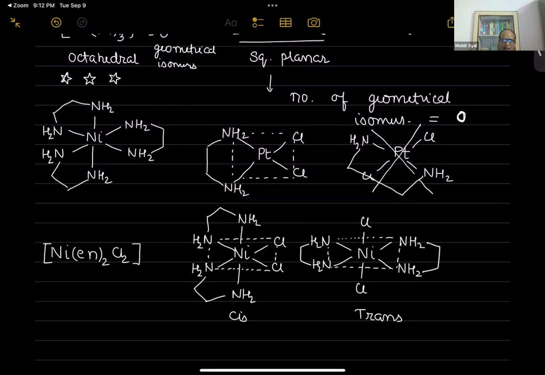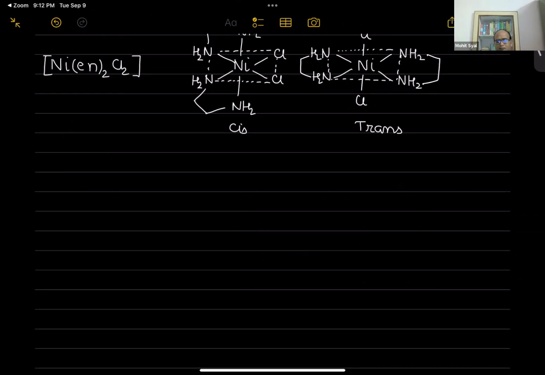Now we need to look at optical isomerism. So what are optical isomers? Tell me. What are optical isomers? They are a type of isomers which are stereoisomers.